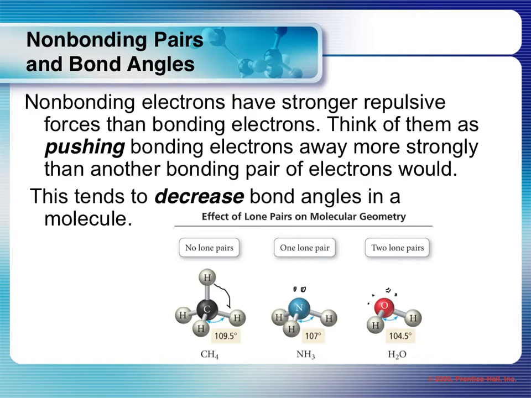So let's look at a tetrahedral where all 4 domains are bonding domains. They all have 4 atoms around it. The angle is 109.5. Now, if you look at ammonia, its electron domain geometry is still tetrahedral, because it has 4 domains.